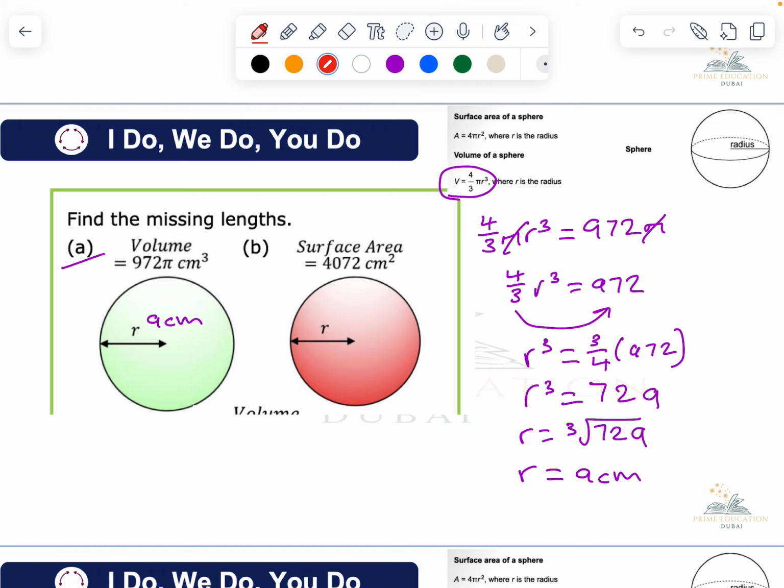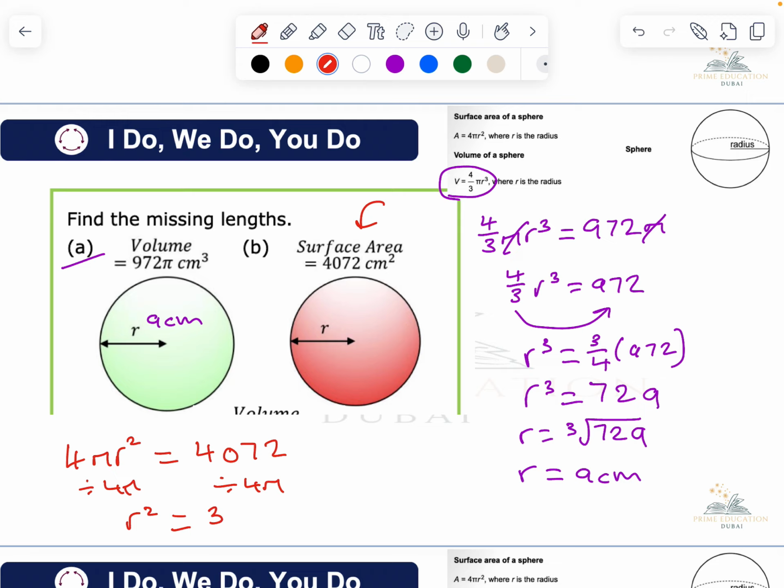Right, we're going to do the same, but this time in the next question they gave me the surface area. So surface area is 4 pi r squared, and that equals 4,072. First thing we can do is just divide everything by 4 pi. So divide by 4 pi, divide by 4 pi, and that'll leave you r squared equals 4,072 divided by 4 pi.